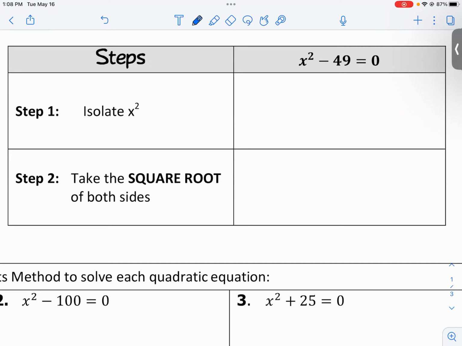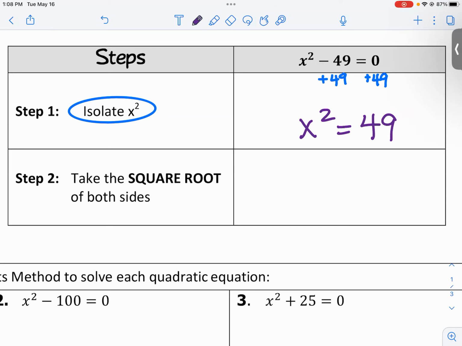So what we could do is isolate x squared. That means get x squared by itself. So if we add 49 to both sides, we would have x squared equals 49. Now, if we had a number multiplied to x, we divide to undo it.